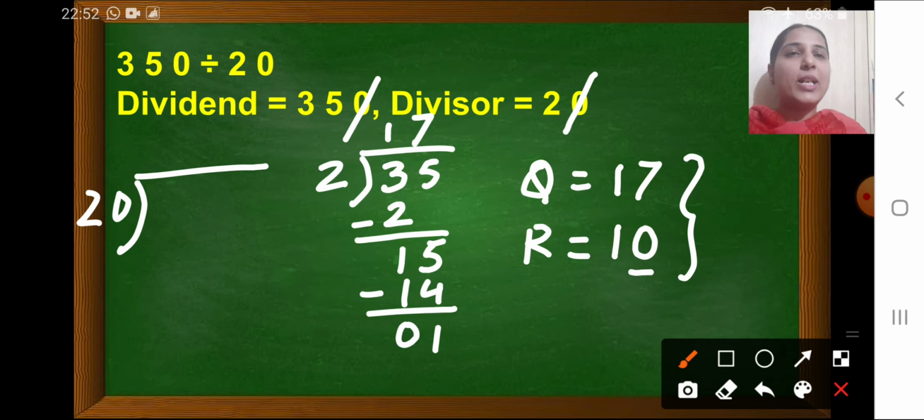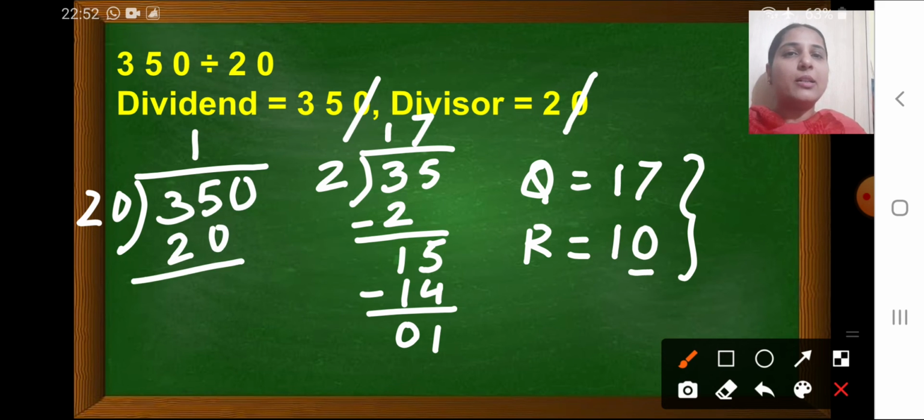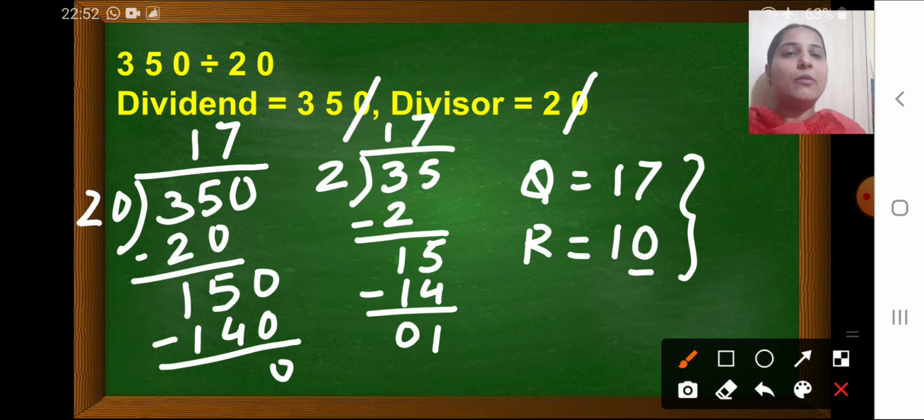Suppose 20, and then here we write 350. So 20 ones are 20, first we will do. Then when we subtract, we will get 5 and here 1, 0. Now 20 sevens are 140. So you can see what remainder we got here: 10, remainder as 10.